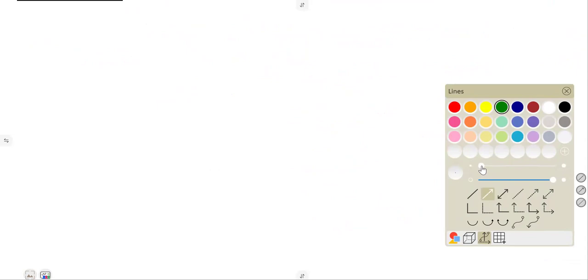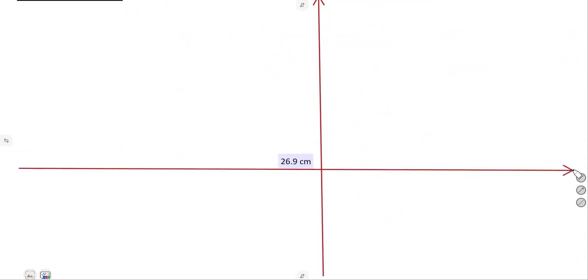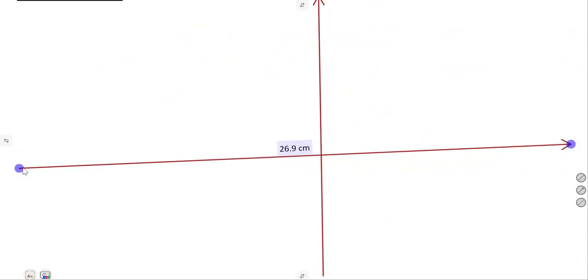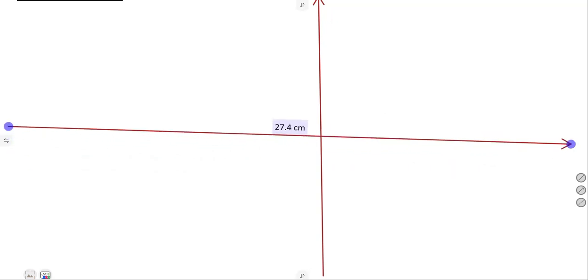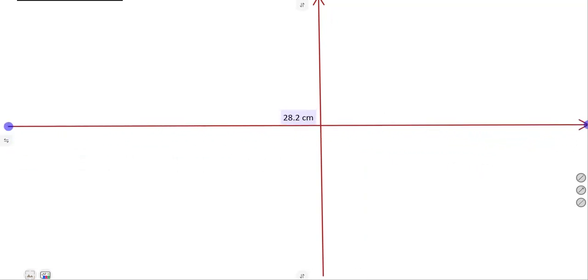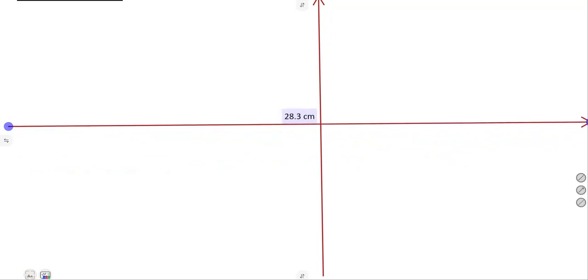Let's just have something like this: our y-axis and our x-axis. In this case, they did not give us the space to sketch the graph, so we're just going to do something on our own.